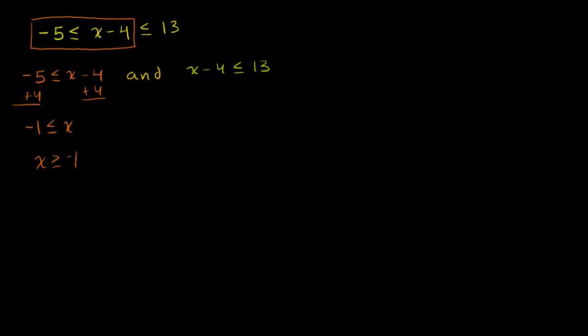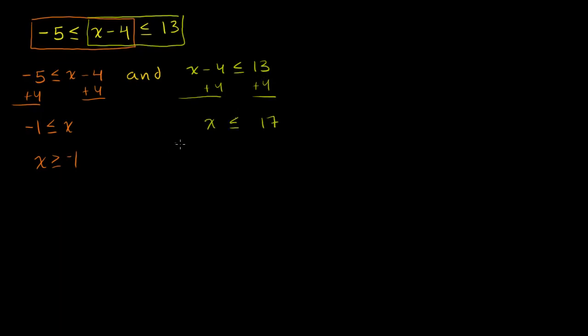Now let's do this other condition over here in green. Let's add 4 to both sides of that equation. The left-hand side, we just get an x. And then the right-hand side, we get 13 plus 4, which is 17. So we get x is less than or equal to 17.